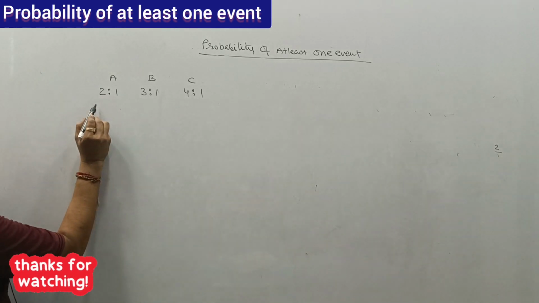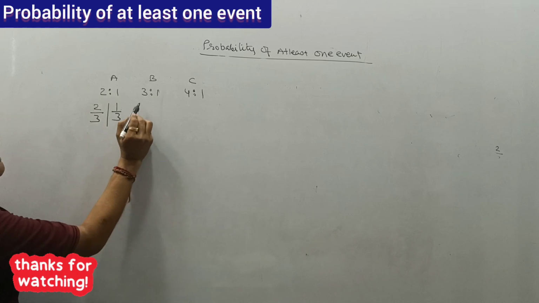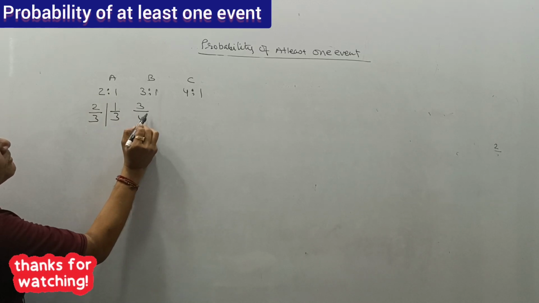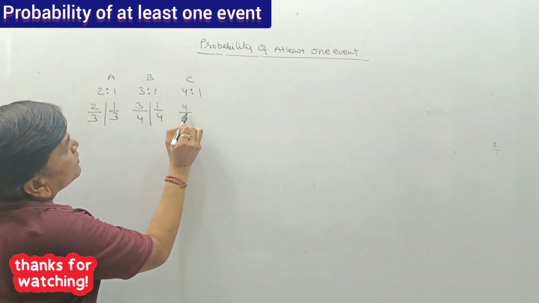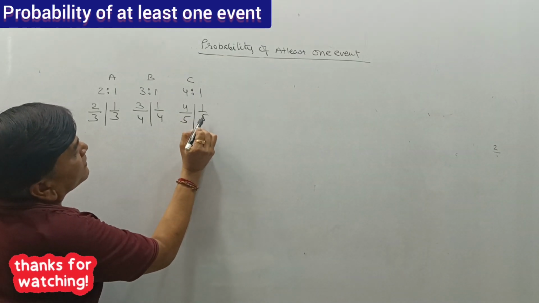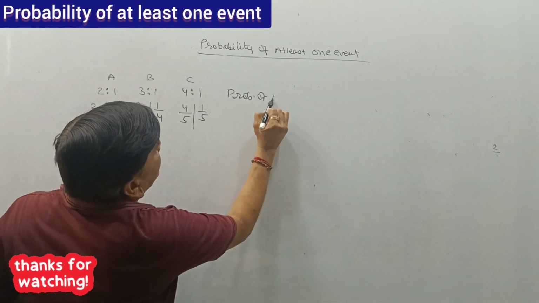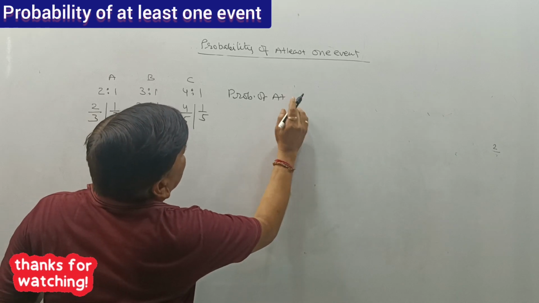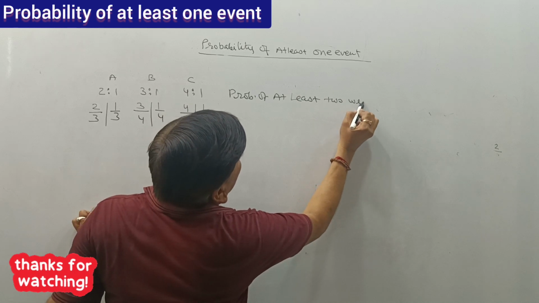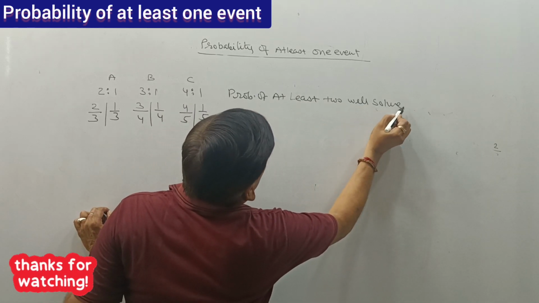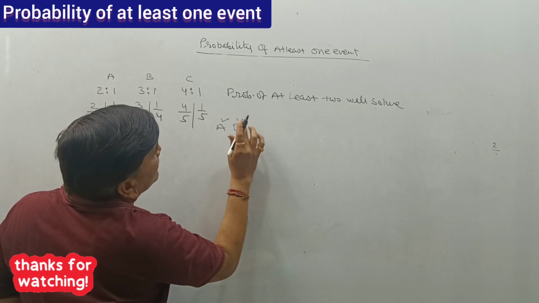So the probability of solving by A is 2 by 3, not solving is 1 by 3. Probability of solving by B is 3 upon 4, not solving is 1 by 4. Probability of solving by C is 4 upon 5, not solving is 1 by 5. So the probability of at least 2 will solve: when A will solve, B will solve and C cannot solve.